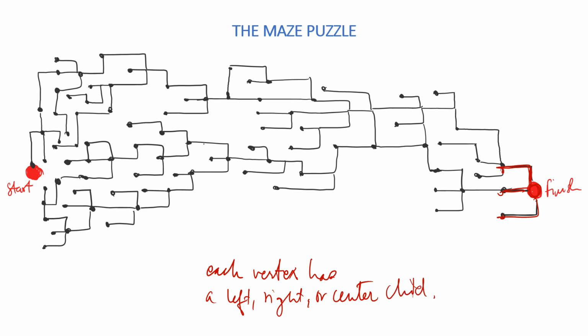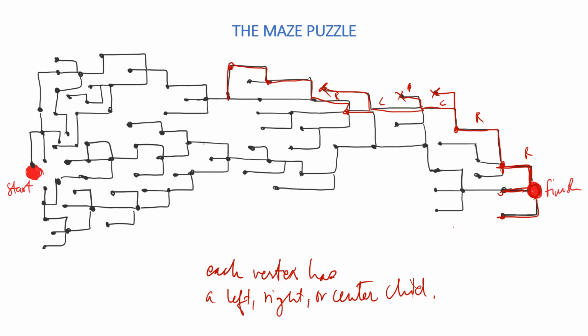So what we can do is use something like depth first search, and let's say we go right. So we go right, and then we reach this, we go right, reach here, we go right, reach a dead end, come back, go center, go right, reach a dead end, take center, go right, dead end, center, go right, again, go right.